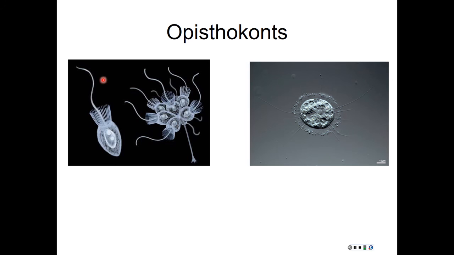So that is this guy right here. And we'll talk a little bit more about each of these groups when we actually get to that part of the book where we're talking about animals and fungi.